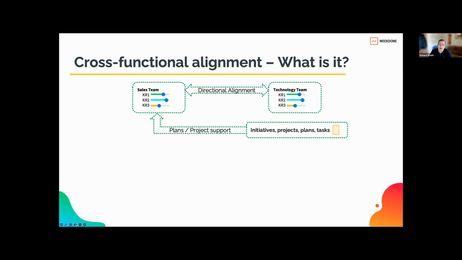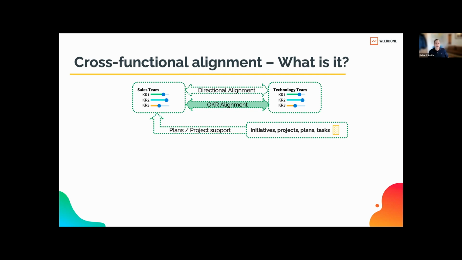It is a part of an initiative, plan, project, or task that is helping this team out. It could possibly be an aligned OKR, meaning the technology team's OKR, which means it's an improvement for the technology team that is delivering the improvement to the sales team, needs a whole OKR, but only if it's really big enough. The setting of OKRs and how you align really needs thinking through.